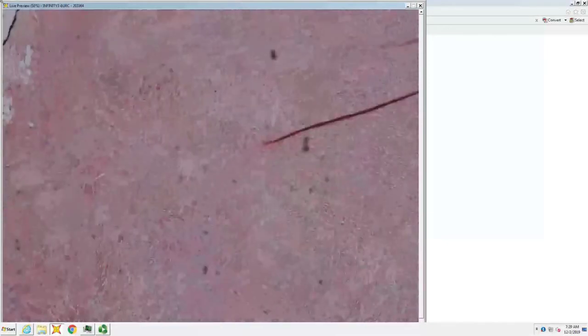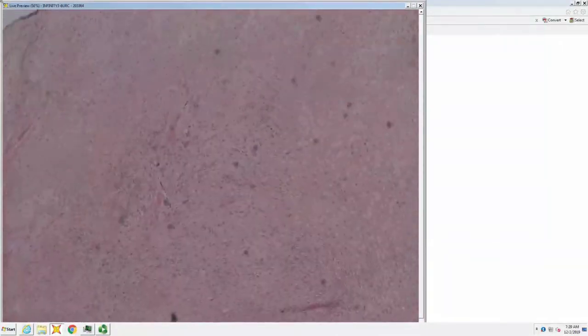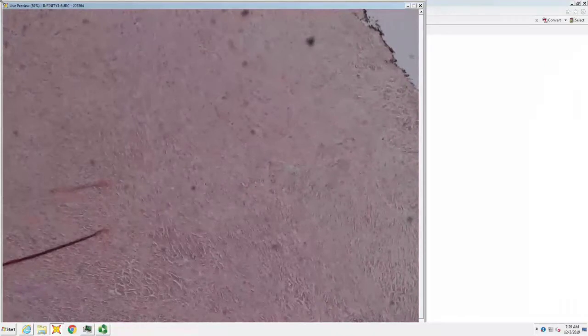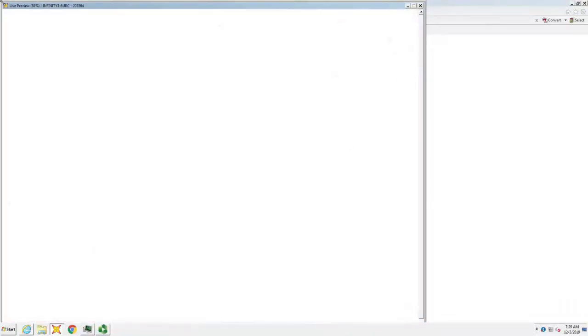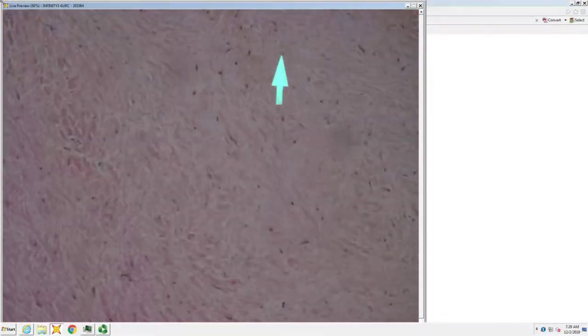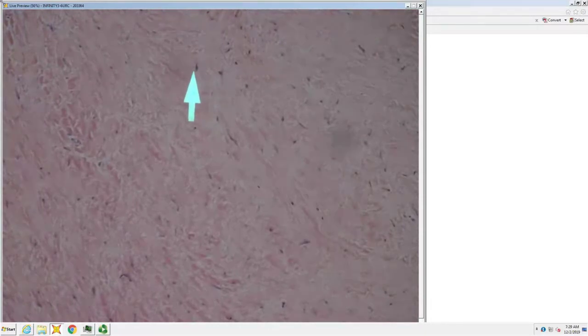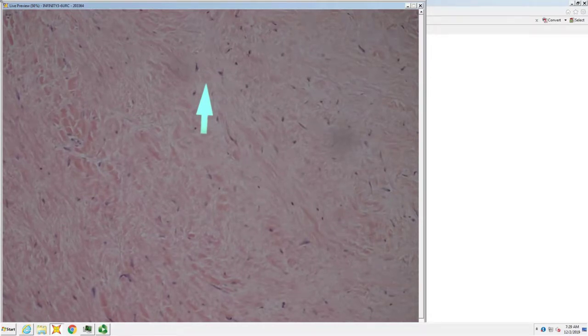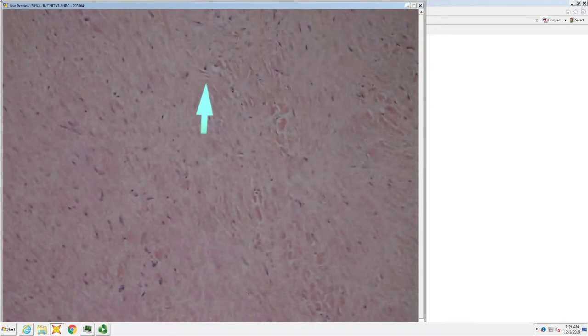So deep nodule, kind of pale, sometimes with an amphophilic or bluish hue, and large, stellate, polymorphic cells. So they're identical to the fibroblasts that you see in pleomorphic fibroma.